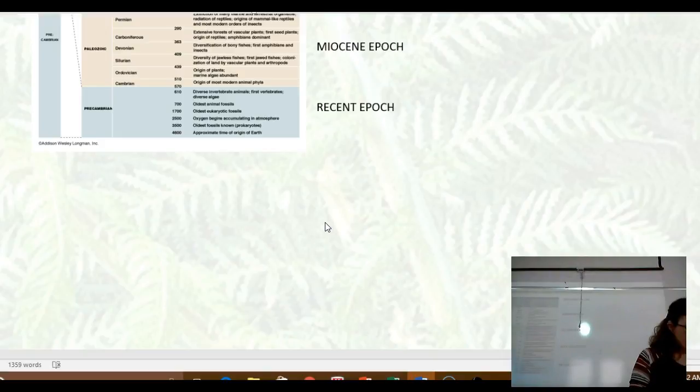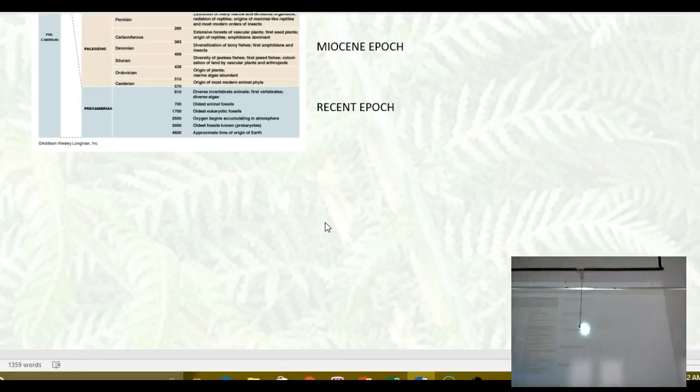If you thumb your way down through that paragraph there, you will see the term that gets us into today, the word today, recent epoch, as industrialization, technology, and human populations, etc. Understood? See that in there?